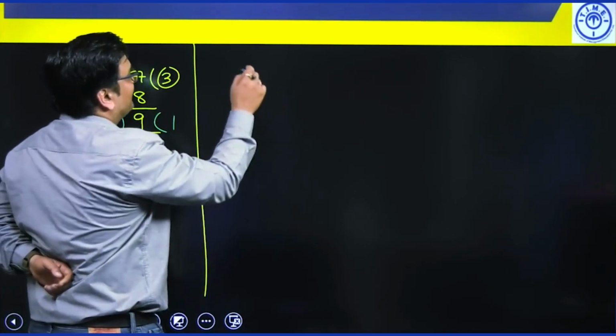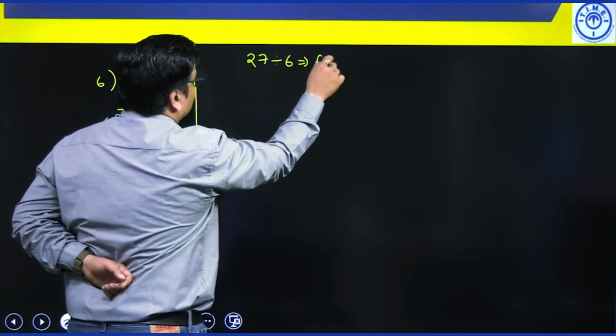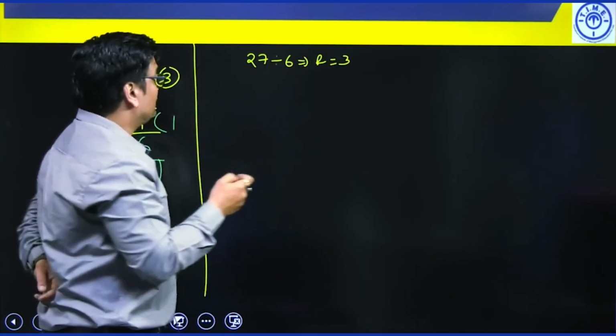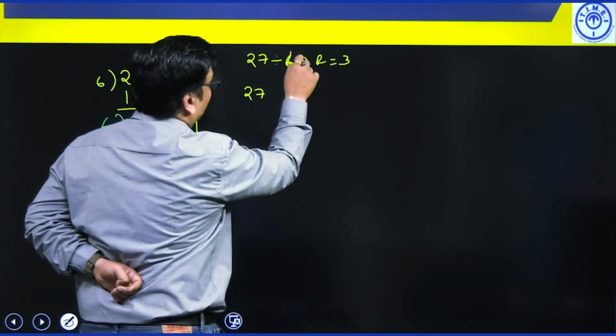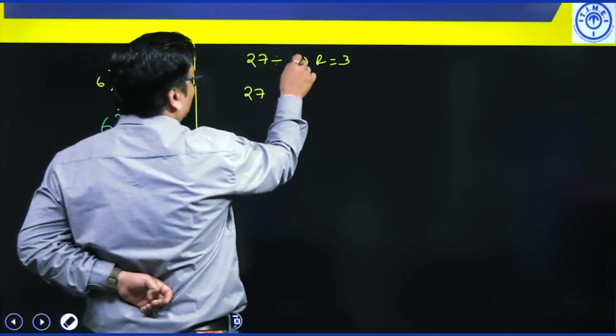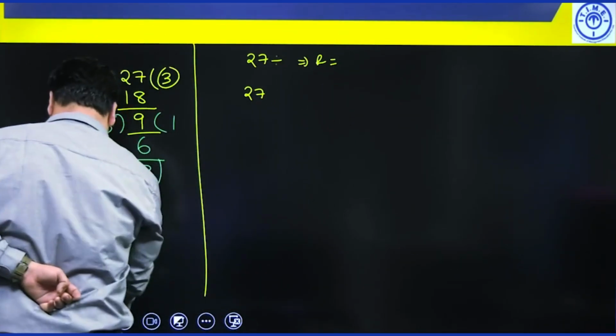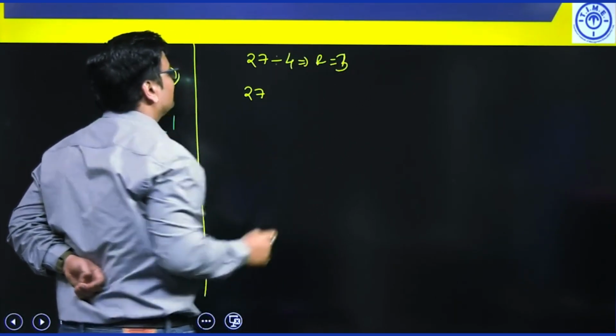Observe, if I ask you 27 divided by 6, what's the remainder? The remainder will be 3. Let's do one thing, let's divide by 4 so that I can differentiate between positive and negative remainders. The remainder is 3.